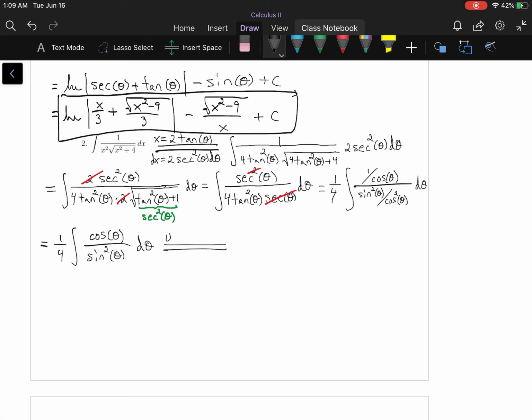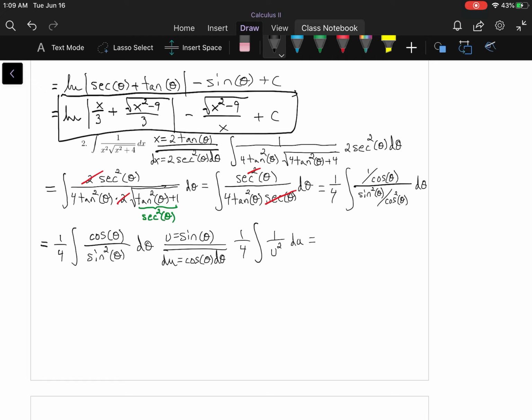I'm going to use u substitution where u is sine of theta, which means du is cosine of theta d theta. After substituting, this gives me 1/4 of the integral of 1 over u squared, and cosine theta d theta is du.